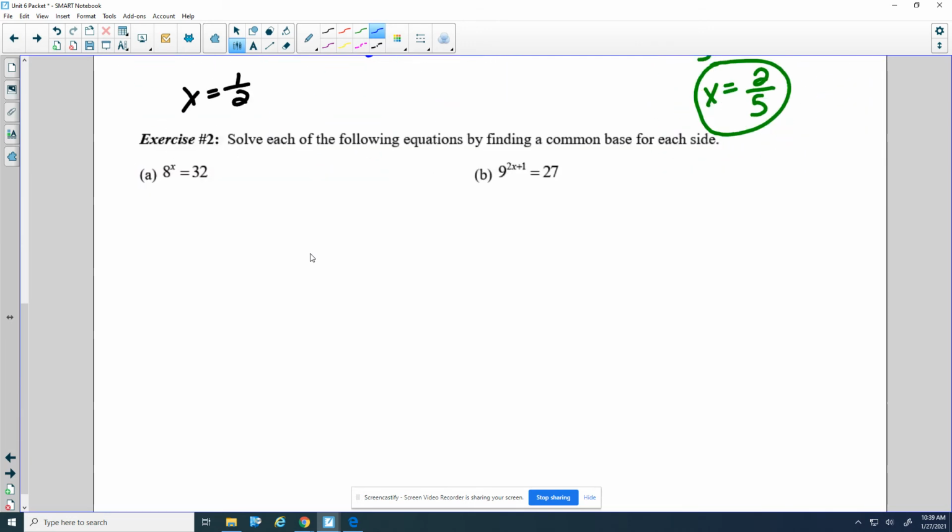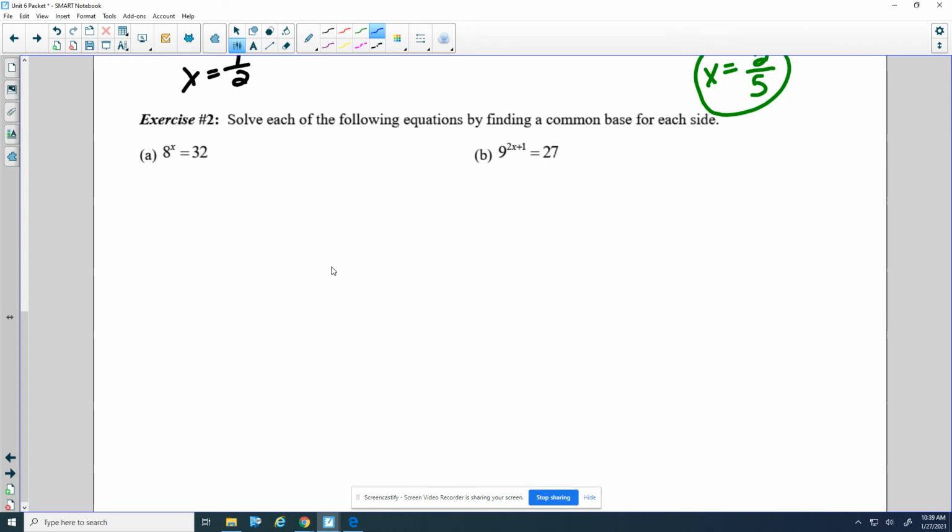So why don't you try the next two, pause the video and then come back. We're going to put 2 more on this video, and then I'm going to do the rest of them on a different video. So looking at these 2, 8 to the x equals 32. The common base here is 2, okay? 8 and 32 are both powers of 2. 8 is 2 to the 3rd. 32 is 2 to the 5th.